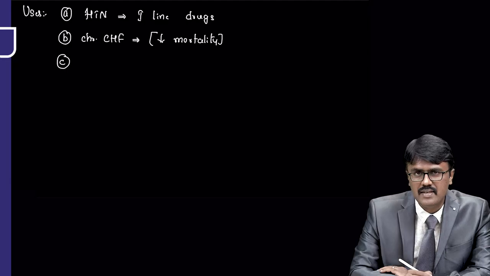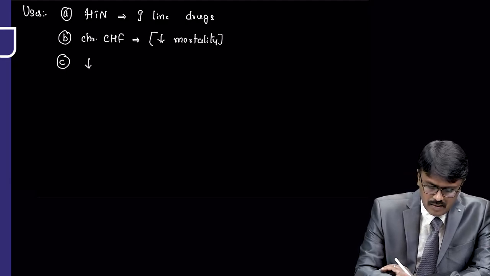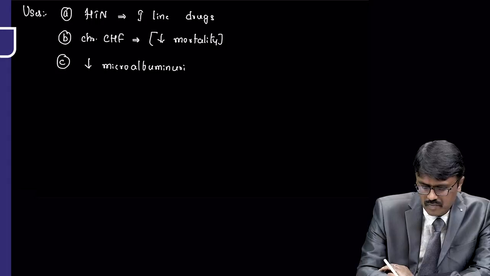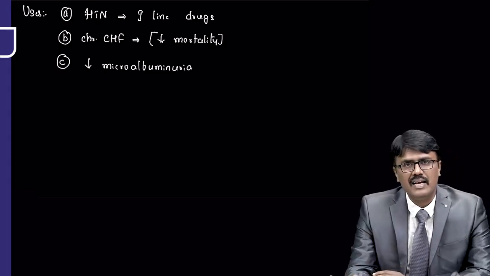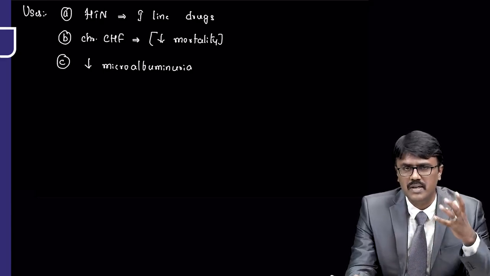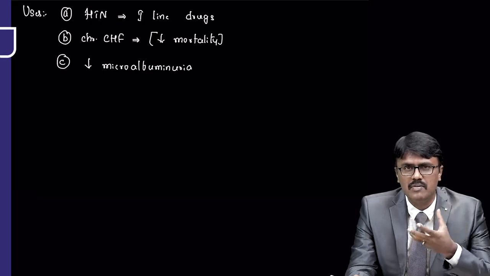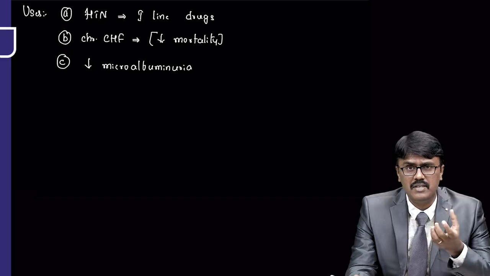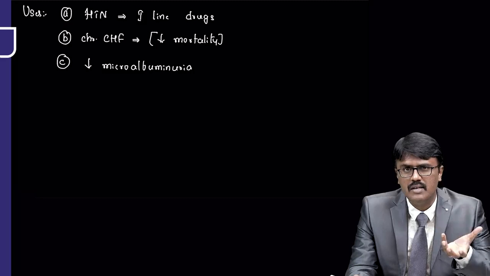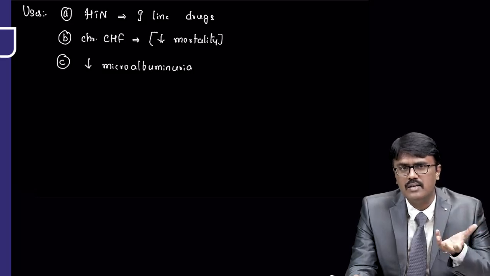Number 3, these drugs are known to decrease microalbuminuria. Usually albumin should not come in the urine because albumin is big in size and it should not be filtered by the glomerulus. But if it is getting filtered, that means the kidneys have started the damage. So when we start these ACE inhibitors, they decrease that damage and they decrease albumin from coming out.